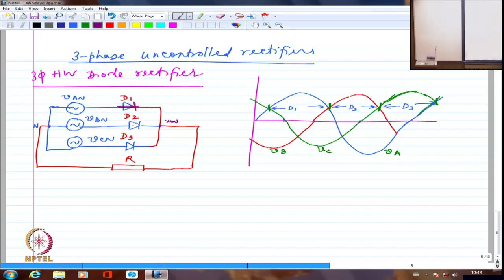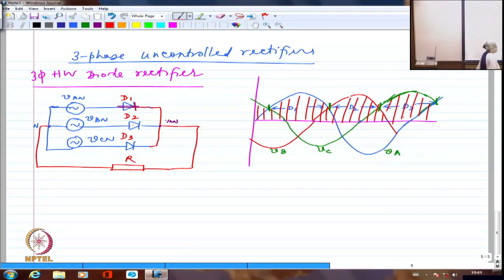So I am going to have the voltage for a simple diode rectifier, whether with R load or RL load, it doesn't matter. If it is a diode rectifier, I am essentially going to get this entire thing as the voltage coming up across the load.